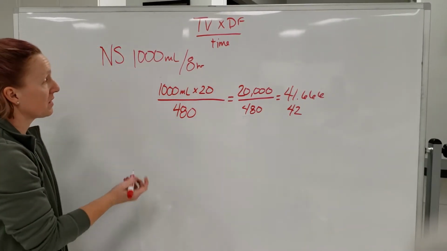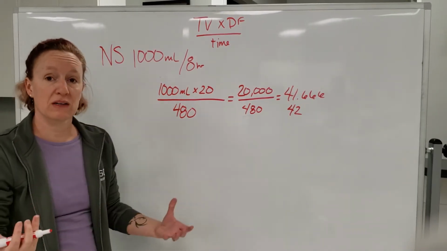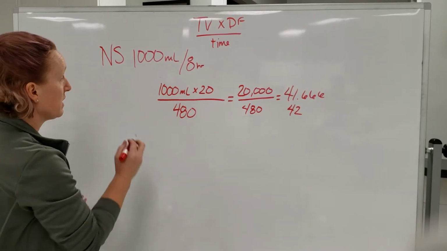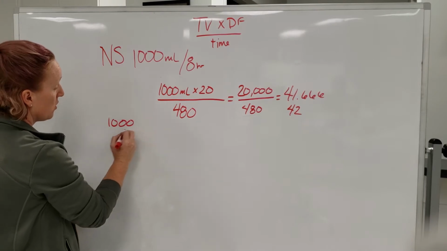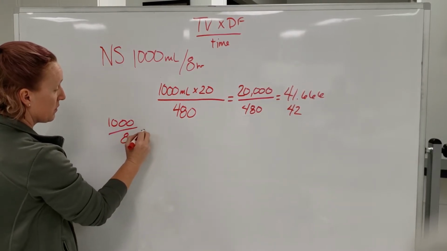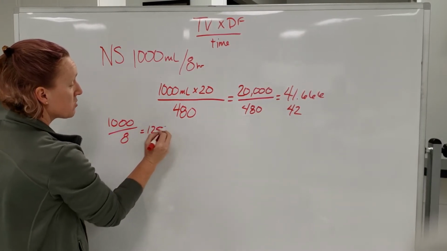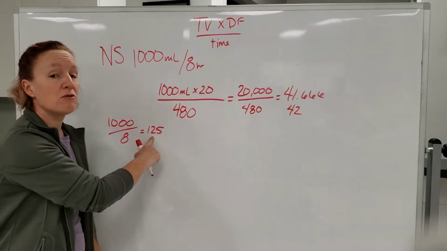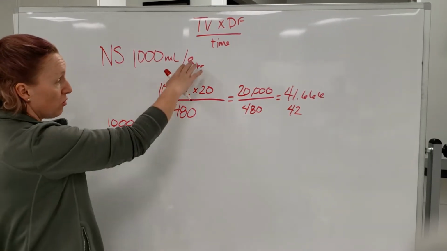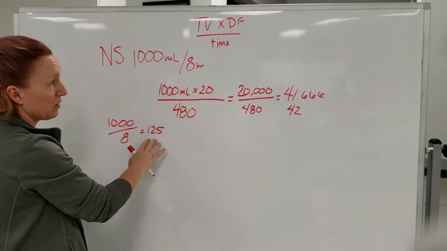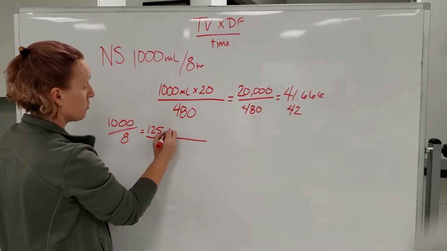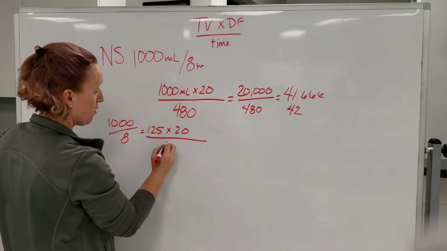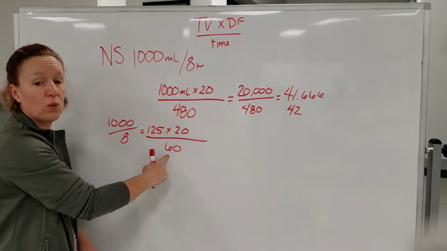The other way to figure it out is, because I don't like those big numbers, they make my head wonky, what I do is 1,000 mLs over 8 hours, which equals 125. So that gives me my total volume for an hour, not just the total volume for the 8 hours, but the total volume for 1 hour. So I'll do my total volume, times 20 over 60 minutes, because now we're at 1 hour.